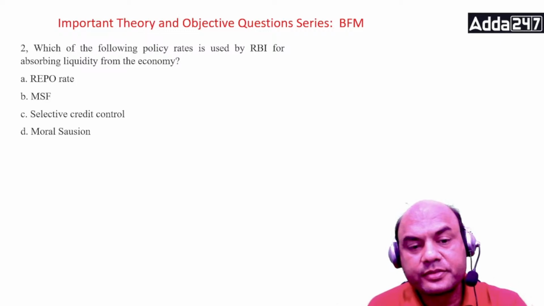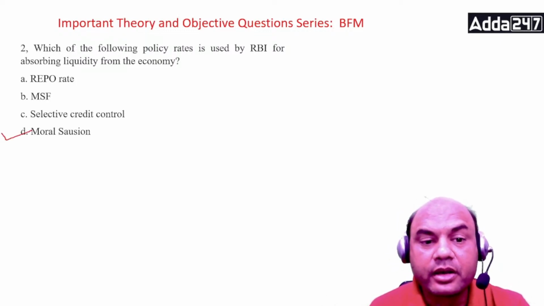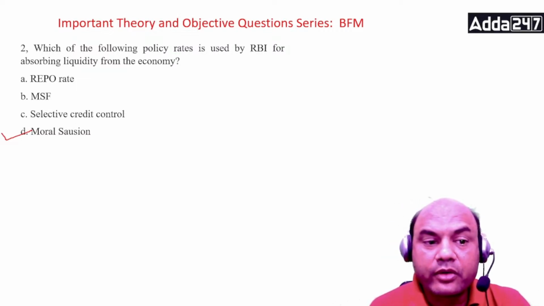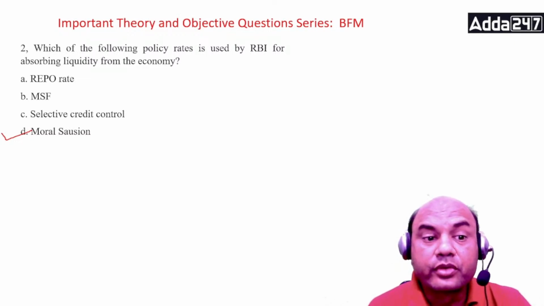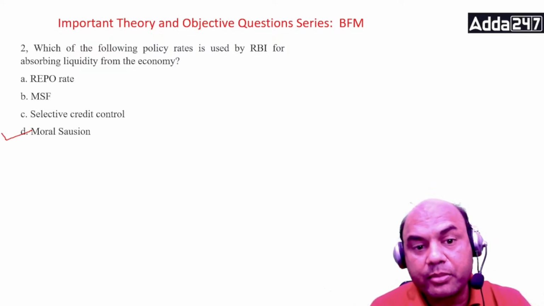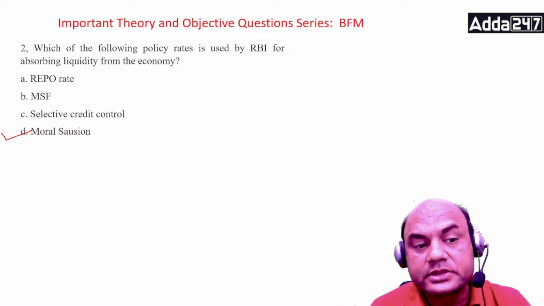Which one is used? It is moral suasion. Remember, moral suasion is the tool used by RBI for absorbing liquidity from the economy. Repo rate is also one of the important tools. By repo rate, RBI increases the base rate or decreases the base rate.